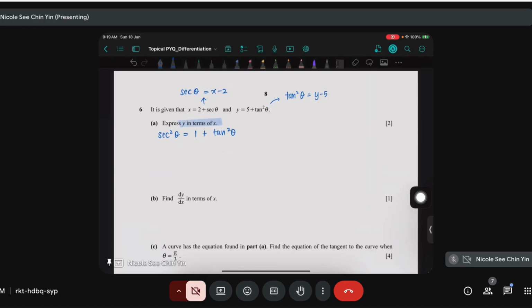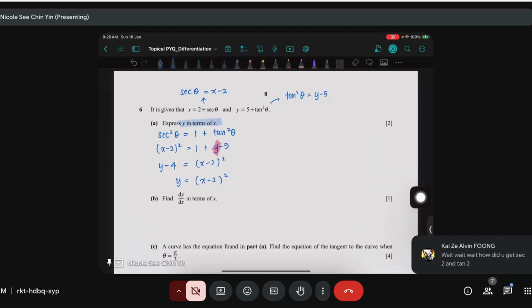So secant square theta, that will be (x minus 2) square, equals 1 plus tangent square theta, which is y minus 5. Since I'm going to express y as the subject, y minus 4 equals (x minus 2) square. So y equals (x minus 2) square plus 4.